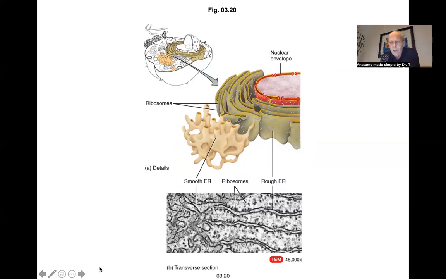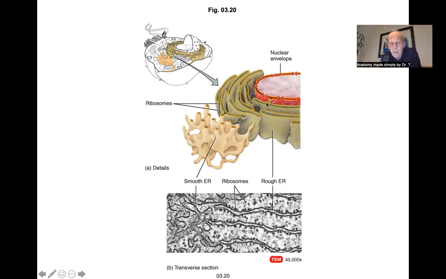We already mentioned the endoplasmic reticulum being close to the nucleus of a cell, and the rough endoplasmic reticulum actually looks rough on its surface because of literally thousands, if not millions, of ribosomes attached to its surface.